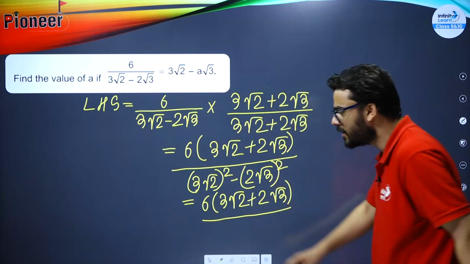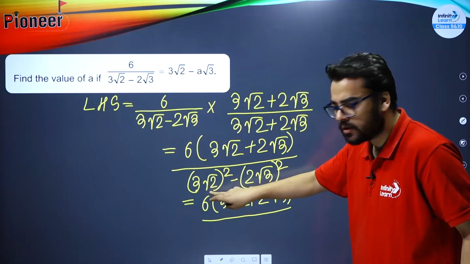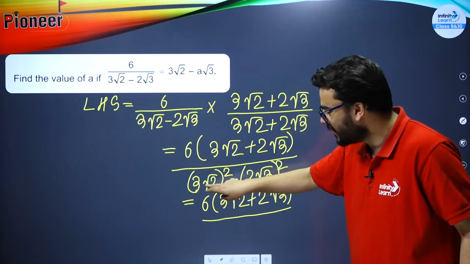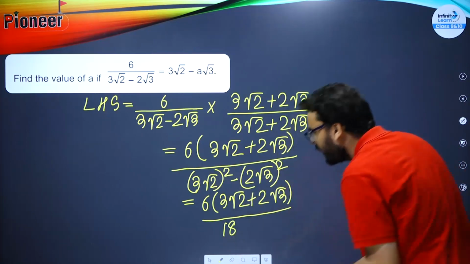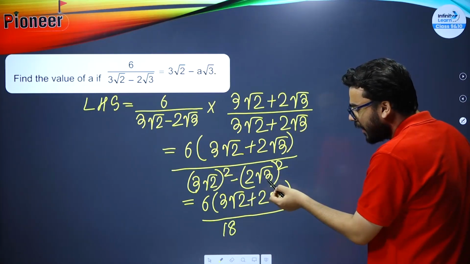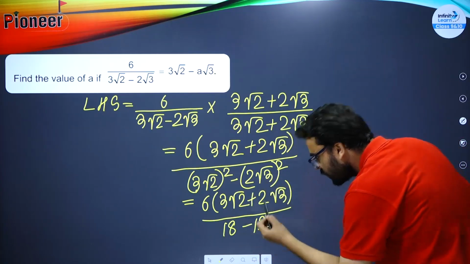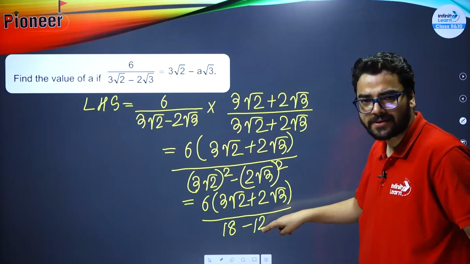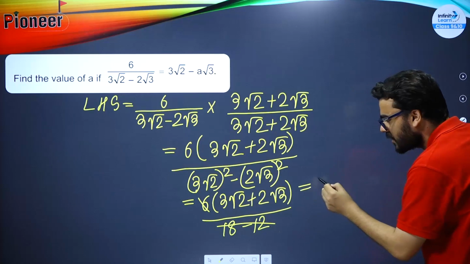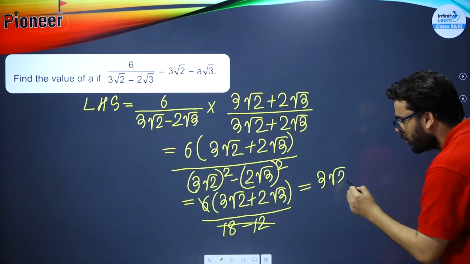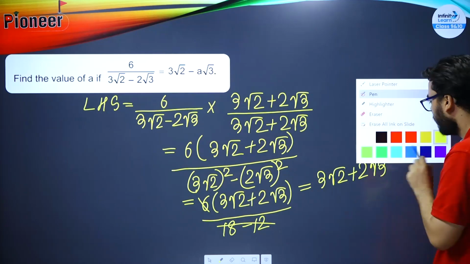And in the denominator, you see 3 square is 9, root 2 square is 2. So 9 2s are 18 will come up over here. Again 2 square is 4 and root 3 square is 3. So this is 4 3s are 12. So basically 18 minus 12 is 6, guys. So 6 over here and 6 over here. So this thing is coming out to be 3 root 2 plus 2 root 3.